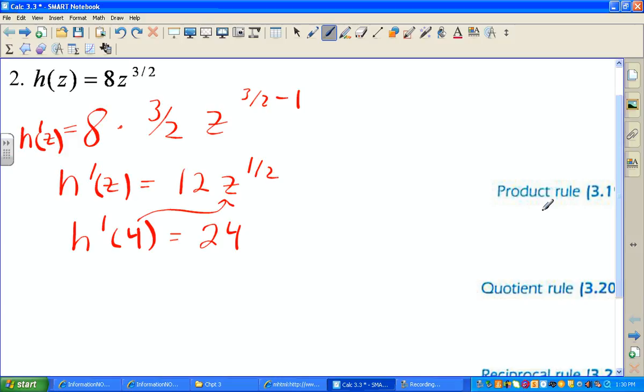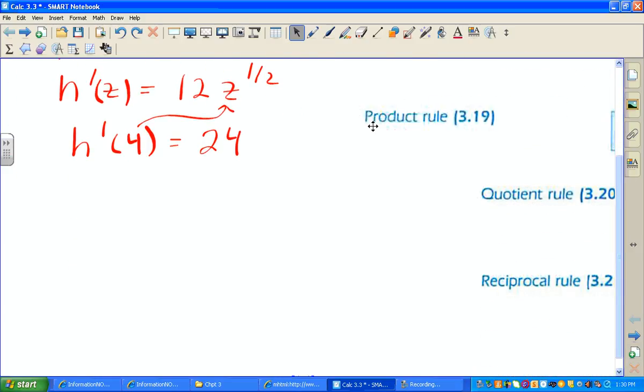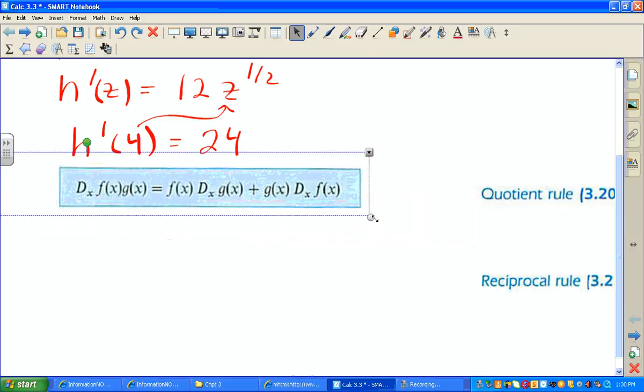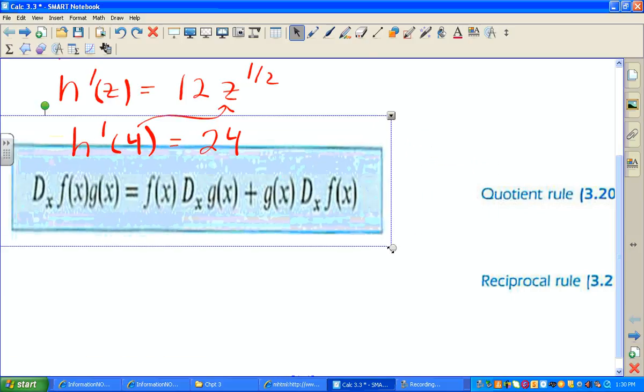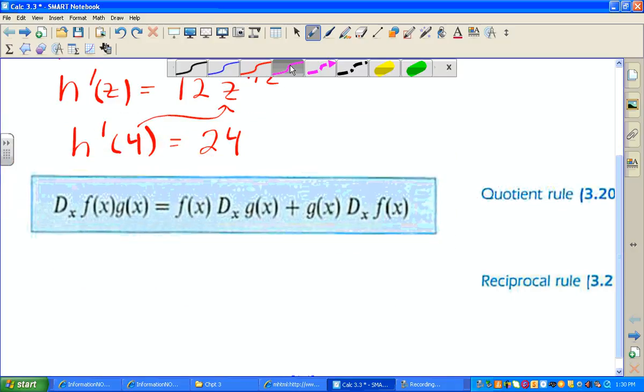Moving on. Before we move on, actually I'm going to give you this rule now. If you want to take the derivative of 2 products, here's how you do it. I don't know too many people that write it like this. Most people write this.